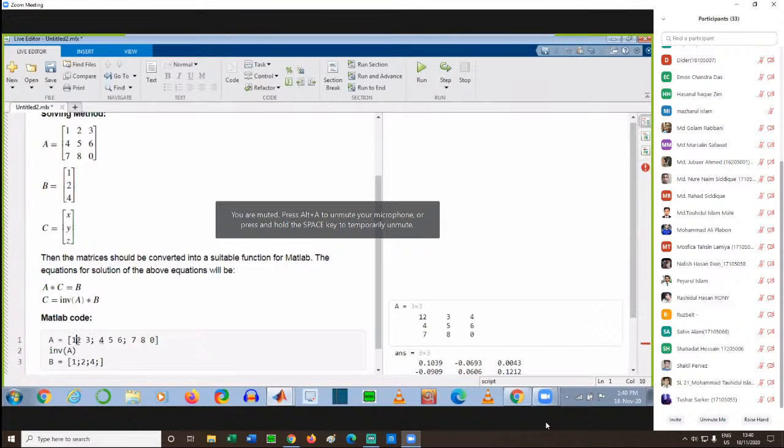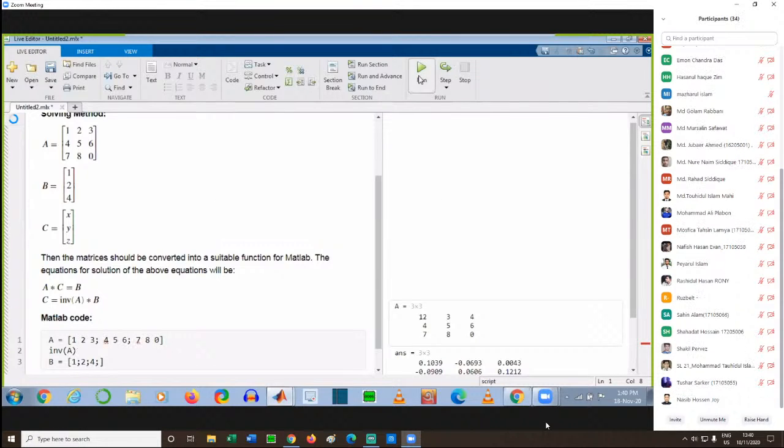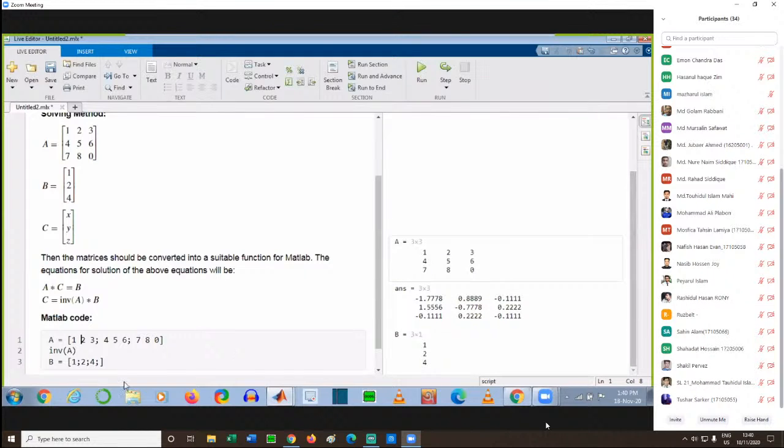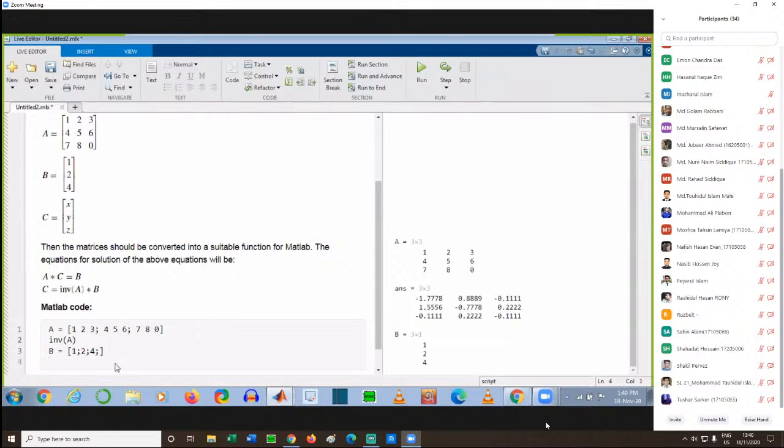Okay, so we got this result. What do we need after that? Now the C matrix. We know that the C matrix is X, Y, Z, but we don't want to define that.